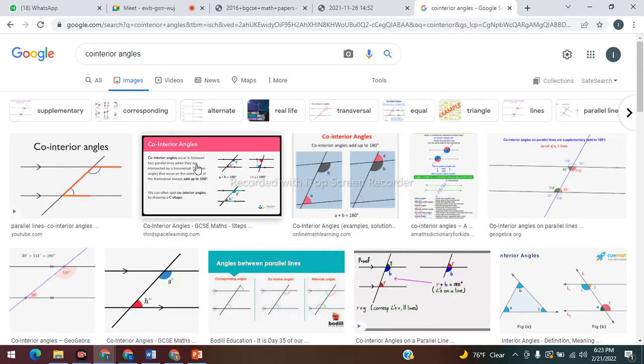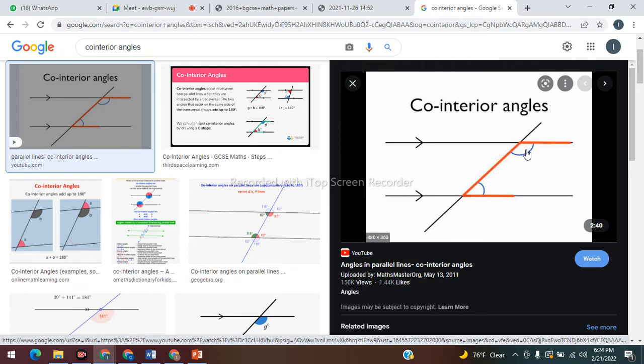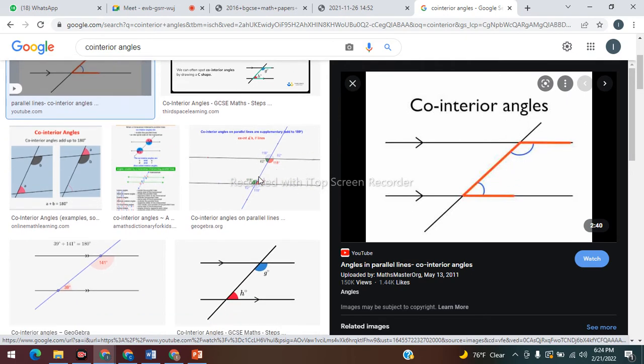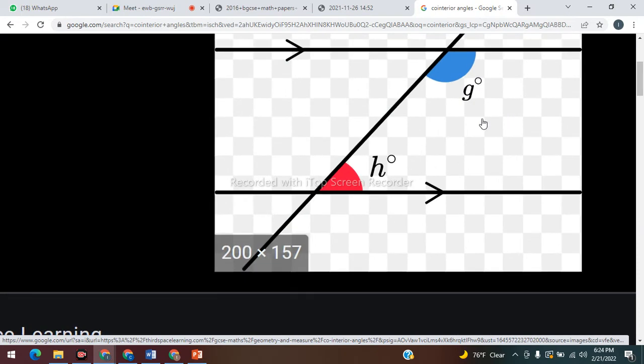So these are what we call co-interior angles. Once one is here and the other one is there, that's co-interior angles. Similarly, for this one, these are co-interior angles. This one is too small for you to see, let me zoom it in. So angle G and angle H are co-interior angles.